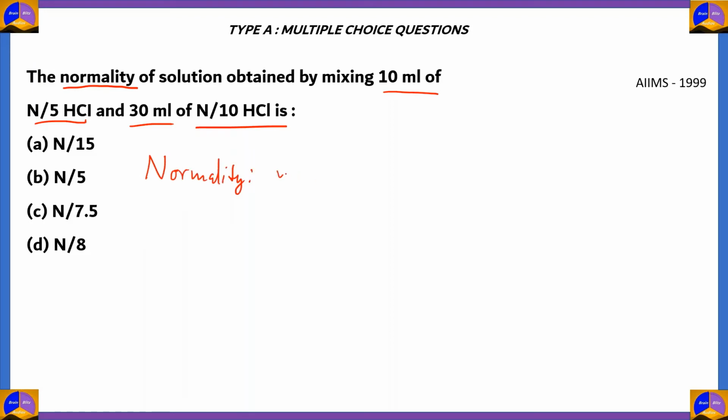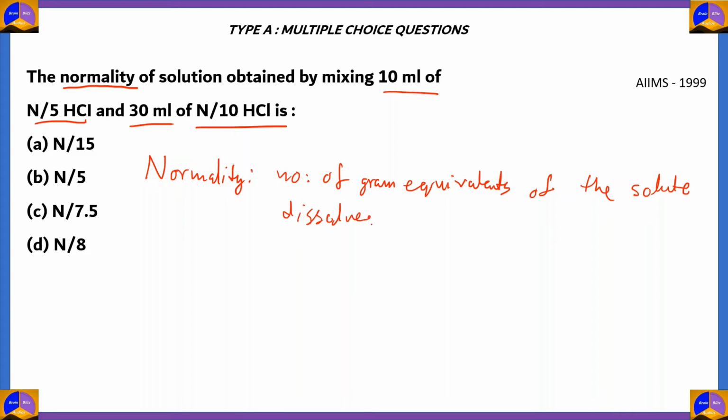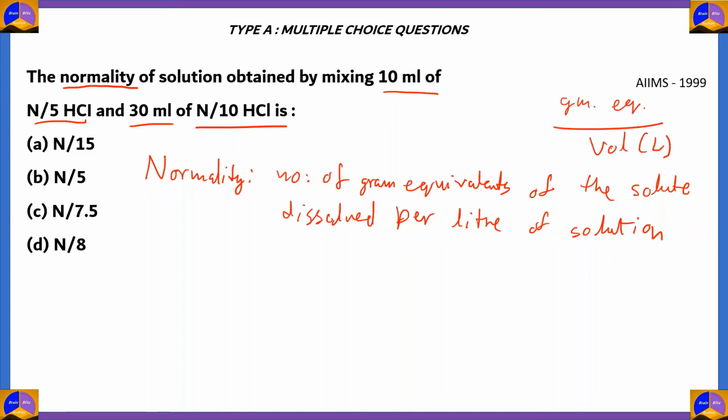Normality is the number of gram equivalents of the solute dissolved per liter of solution. So it basically is gram equivalent divided by volume in liters for a solution.